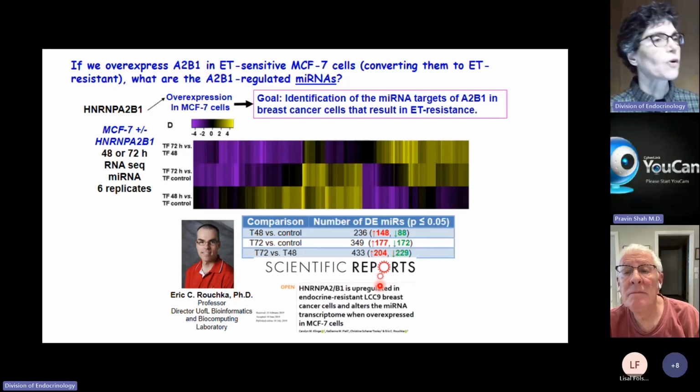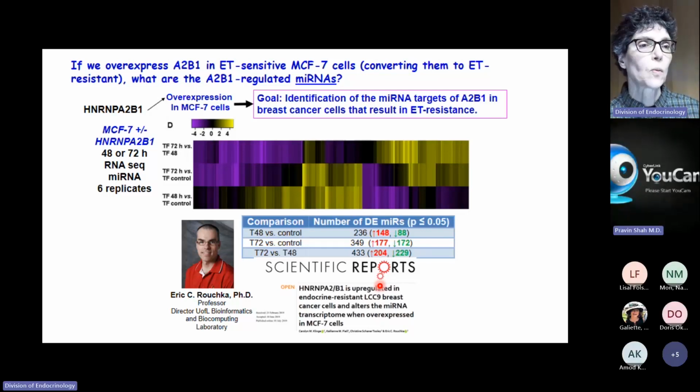What are the microRNAs that are regulated? So we overexpressed hnRNPA2B1 at four times expression in MCF7 cells and did RNA-seq.